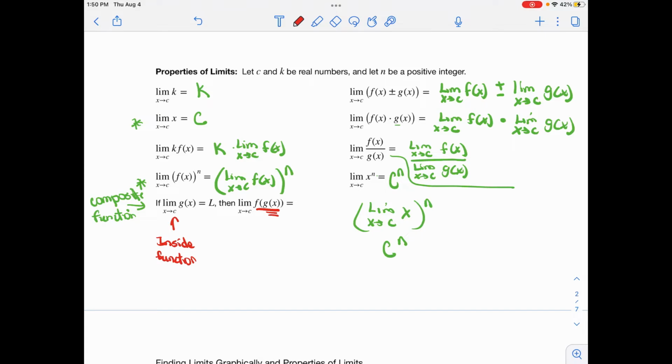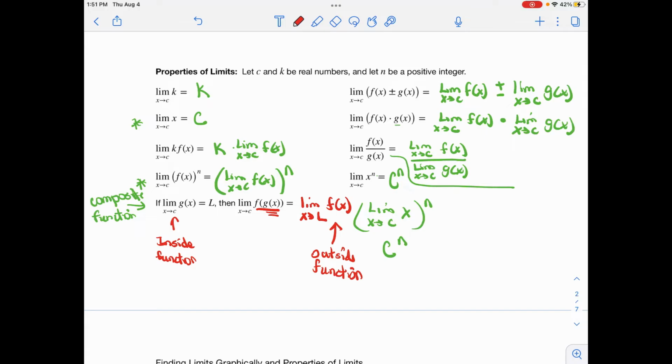So if I know the limit as x approaches c of my inside function is equal to L, then I can say the limit as x approaches c of f of g of x is equal to the limit as x approaches L of the outside function, since my inside function approaches L. This is the outside function when you're looking at that function notation.